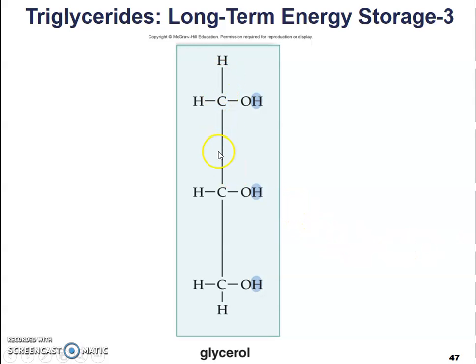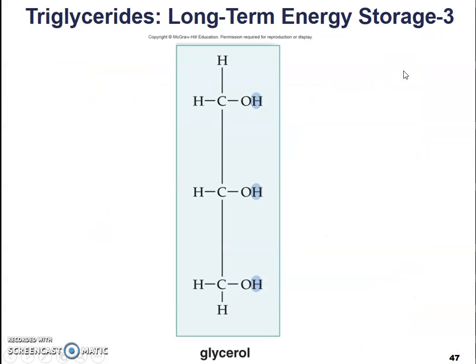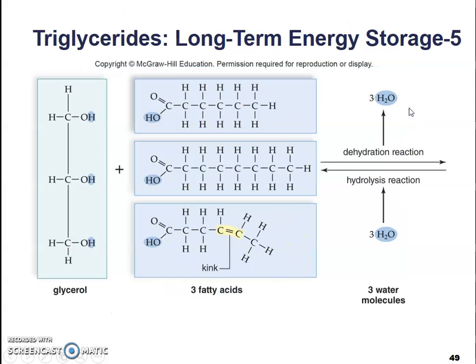This is the glycerol molecule. This is what forms this part of the molecule that all of the fatty acid tails are bonded to. We're going to go through dehydration synthesis 3 times to bond each fatty acid to the glycerol. So we're going to end up with 3 water molecules left over.